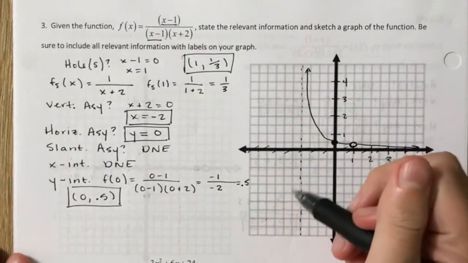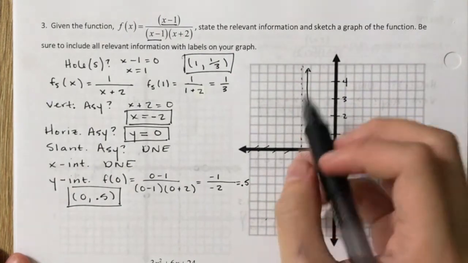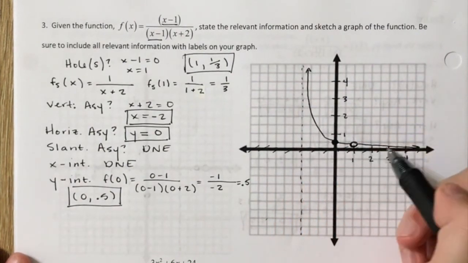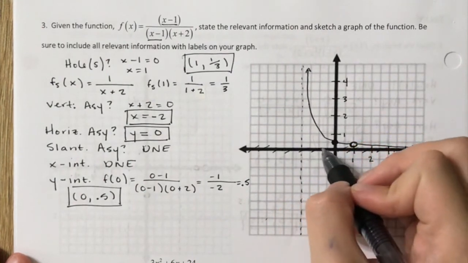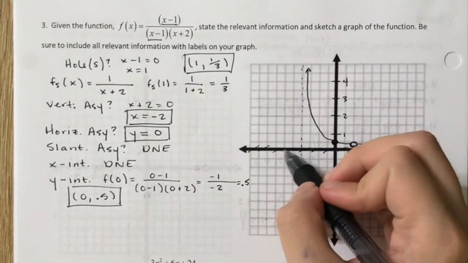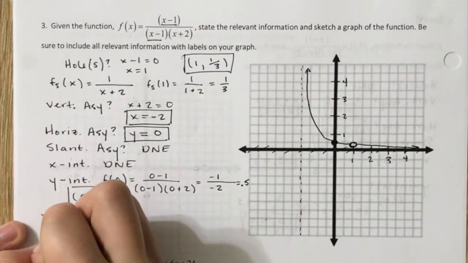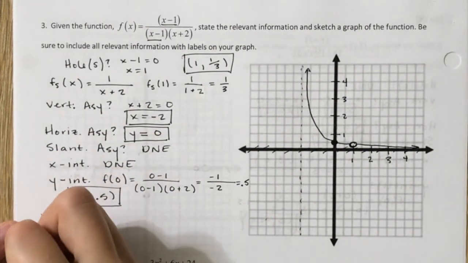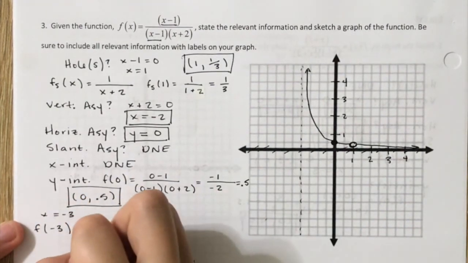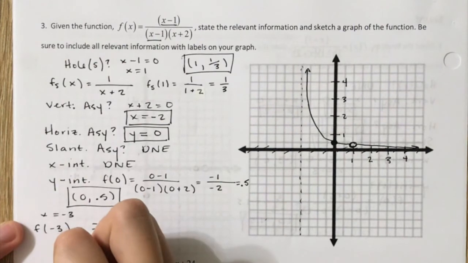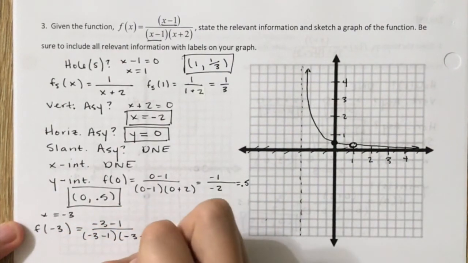We can do that by simply picking a point on this side and figuring out what it's equal to. I'm going to choose maybe right here. And of course, remember each of our grid lines is 1/2, so this is -3. So I'm going to plug -3 into the function for x. So f of -3 gives me -3 minus 1 over -3 minus 1 times -3 plus 2.